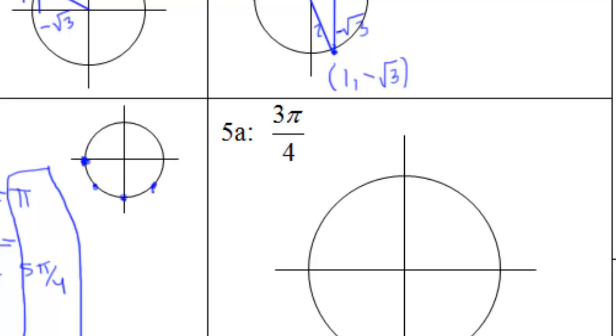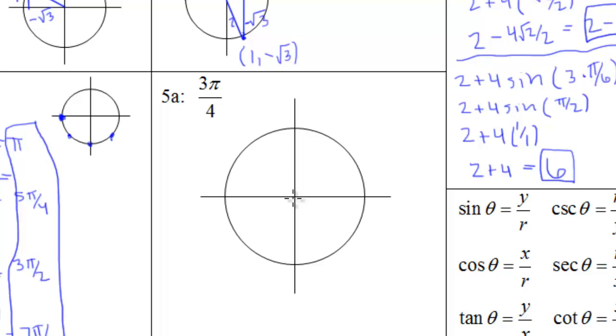Alright, last one is to draw the angle in standard position, 3/4 of the way to pi. It's right here. Identify the reference angle. That's between this terminal side and the x-axis.